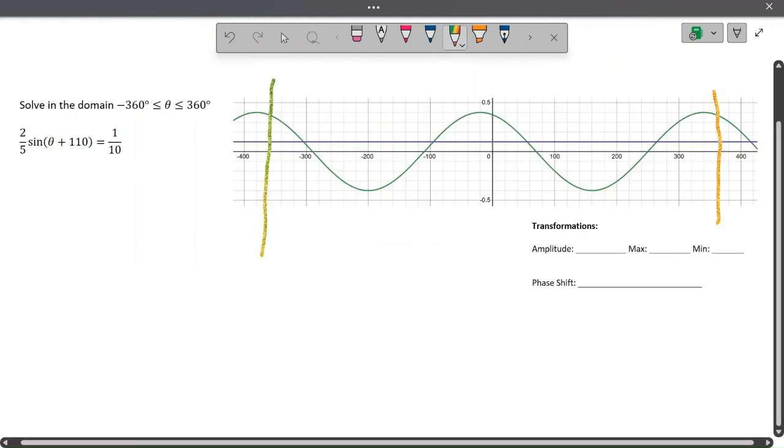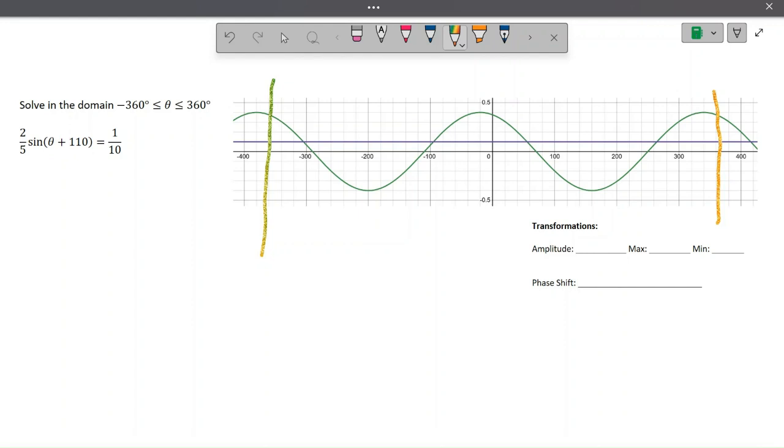All right, we are on to our next problem. So let's start once again by identifying our amplitude, which is 2/5. You can see it's this number right here. And in this case, that places our maximum at 2/5 and our minimum at negative 2/5.